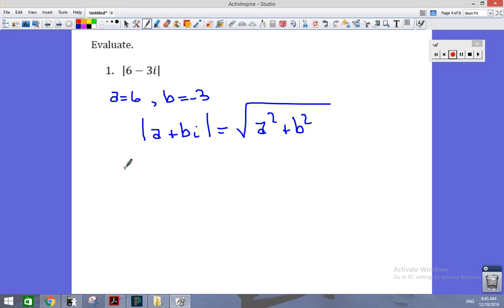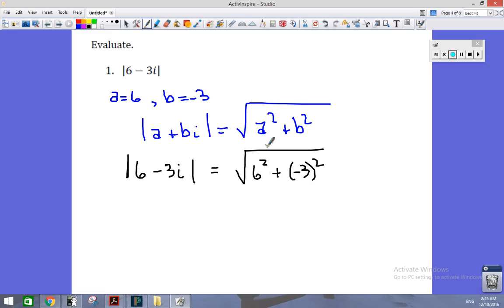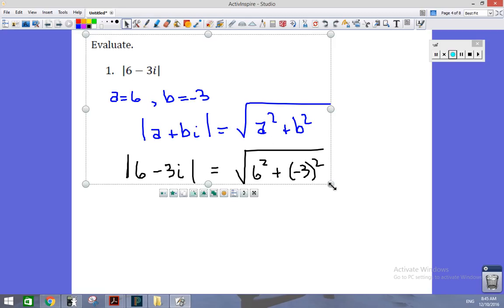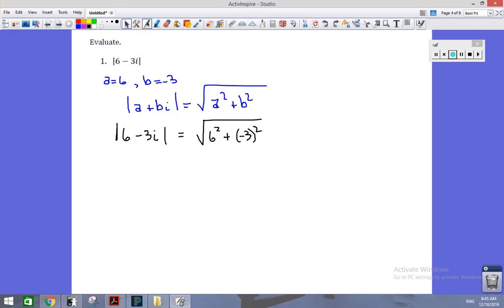Therefore, the absolute value of 6 minus 3i is equal to the square root of 6 squared plus the negative 3 squared. That is equal to the square root of 36 plus 9, which is 45.